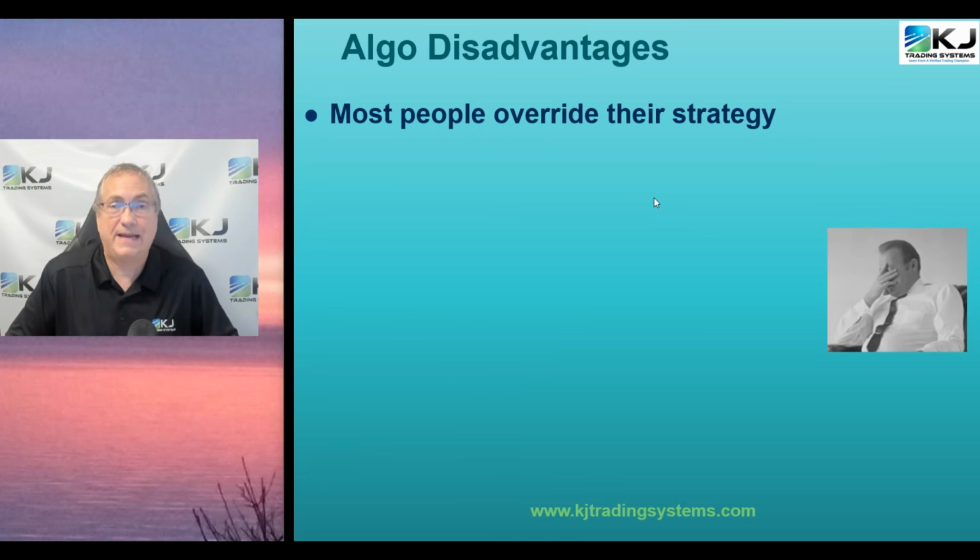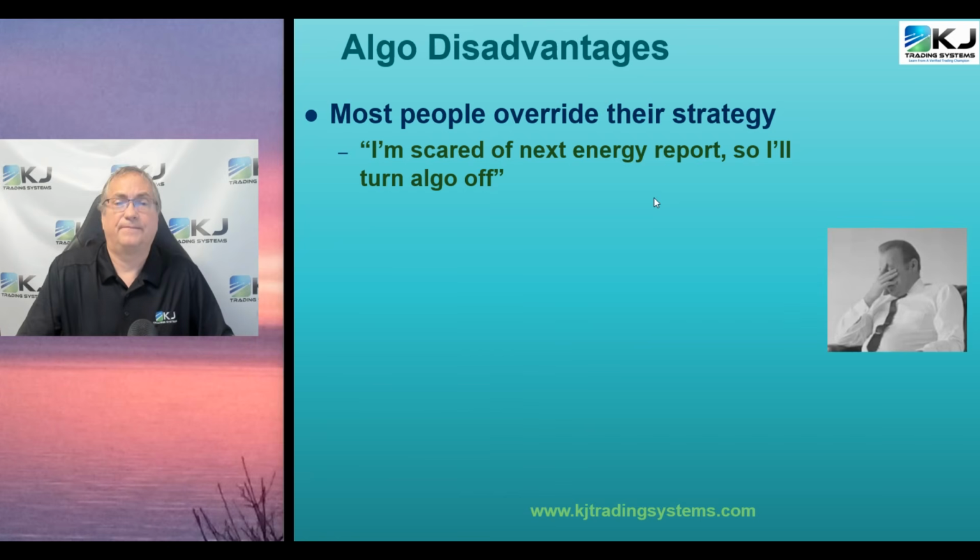And I know, because I've been there. I've seen algos take trades, and I've thought, wow, this is the dumbest trade of all time. Why is it going long here? It clearly should be going short. So a lot of people tend to override their strategy and think they know more. They usually don't. It's really common. Maybe they turn off their strategies too. You've got to watch out for this.